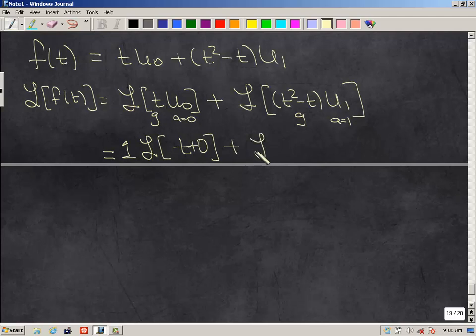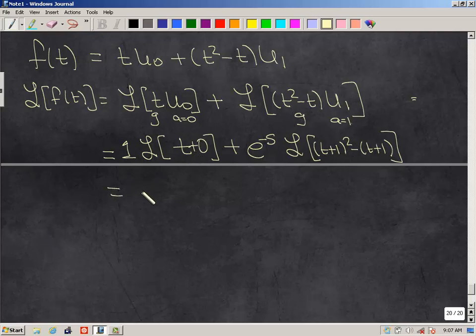Out here you're going to get e to the minus as. A is 1, so you get e to the minus s times the Laplace of g shifted by 1, so t plus 1 squared minus t plus 1. Wherever you see a t, replace it with t plus 1.